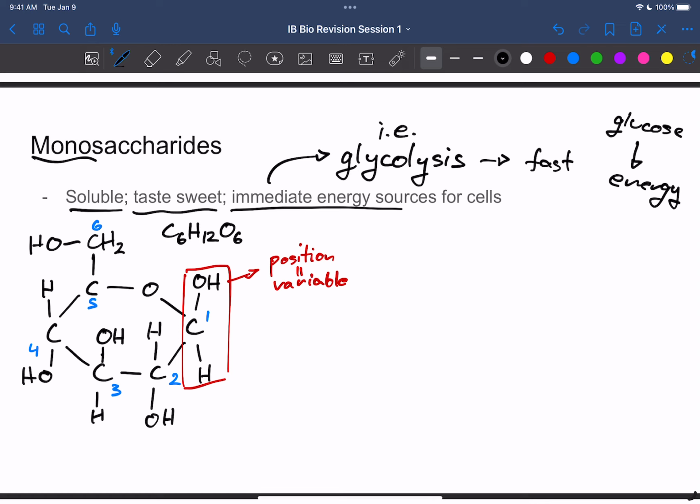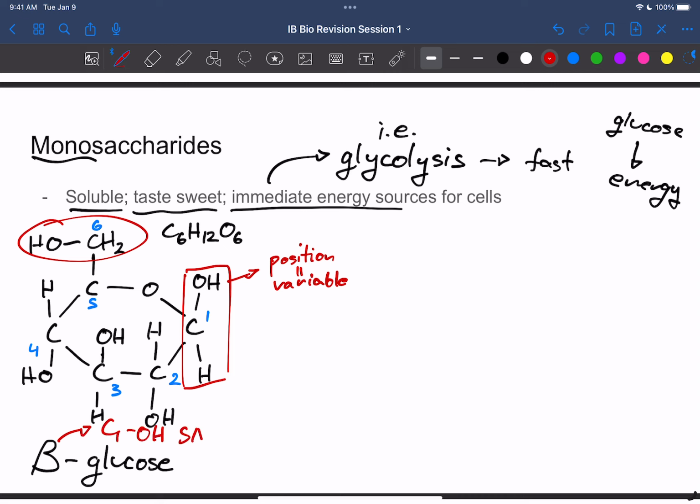If it's on the same side as carbon 6, this little methanol group poking out of the ring, then that's called beta. Beta glucose is when the C1 OH is on the same side as C6.